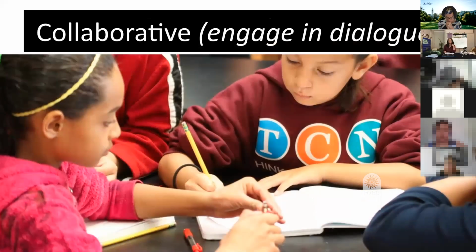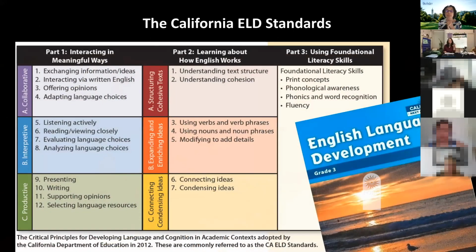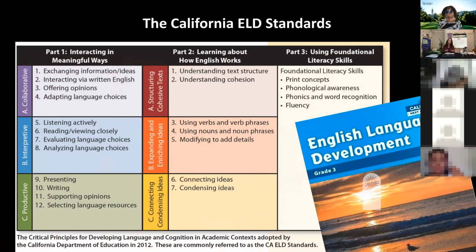So the main focus for today was to look at part 1. Those are interacting in meaningful ways, and they go so hand in hand with the science learning. They're exchanging information and ideas. They're listening actively, asking questions, writing, offering their claims, and supporting them with evidence.